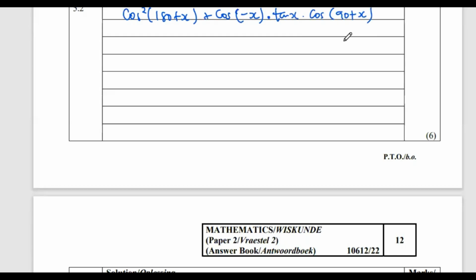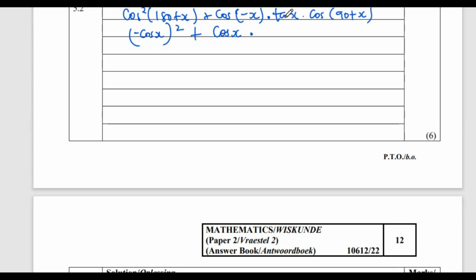So we need to apply our reduction rules. So 180 plus, that is quadrant number 3, where the cos is negative. So it's going to be negative cos x, but we're squaring it. And we say the cos of a negative angle is the same as the cos of a positive. So we ignore that and use it as a positive.